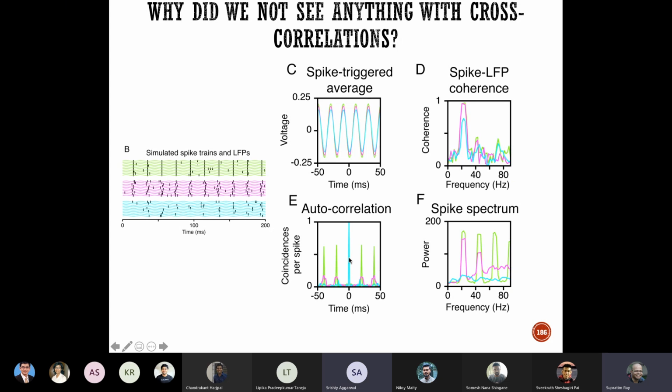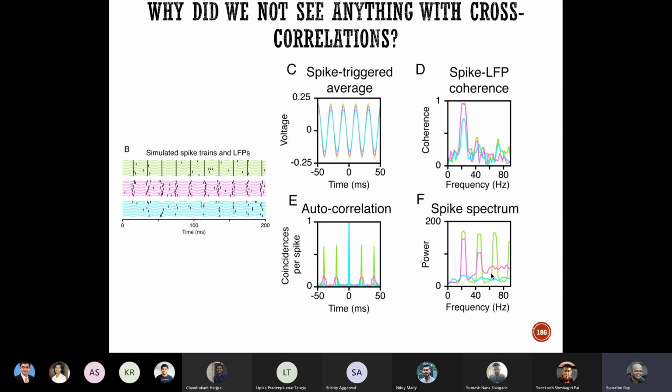You will see that in autocorrelation also, and then it's all good. If it's not very strong, then it's hard to see. But if you did spike field coherence, you will always be able to pick it up.